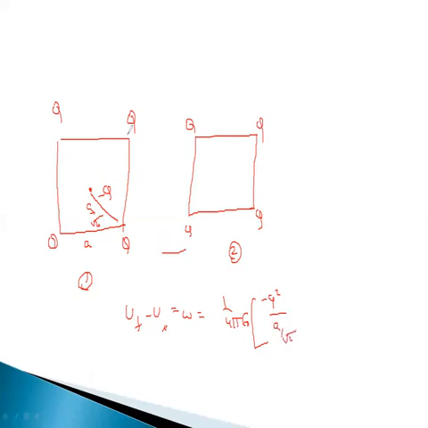And this also will be the same thing. All are at the same distance with the same charges, so you can multiply with 4. 4 and 4 will get cancelled. Finally, this is root 2 Q square by pi epsilon naught A. That is the answer for the change in potential energy, and that is nothing but the work done.